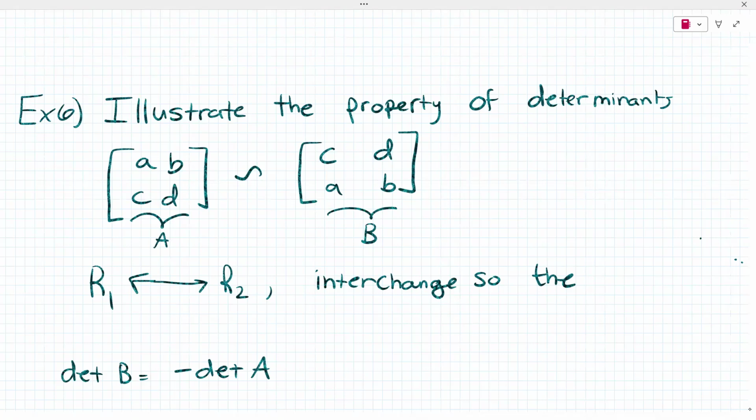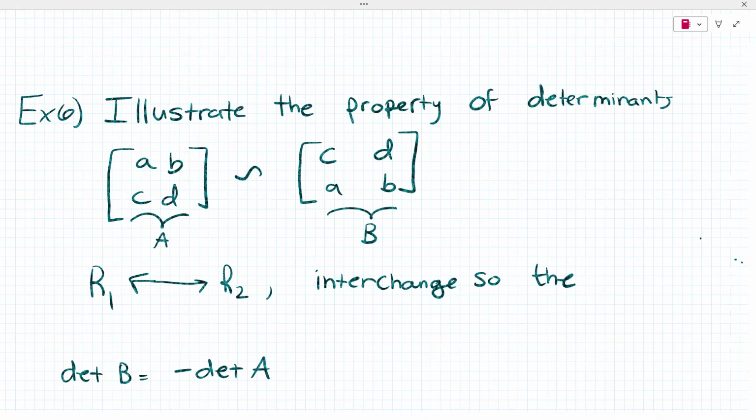We have A, B, C, D, and then it's C, A. So determinant A is A, C, B, D, and then determinant B is C, A, D, B. If you look at it very carefully, what's really happening is it looks like you interchange rows, right? Row one is switched with row two.